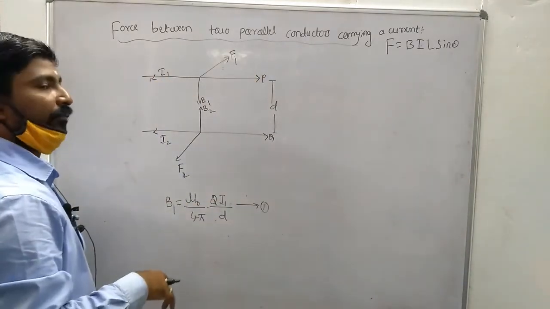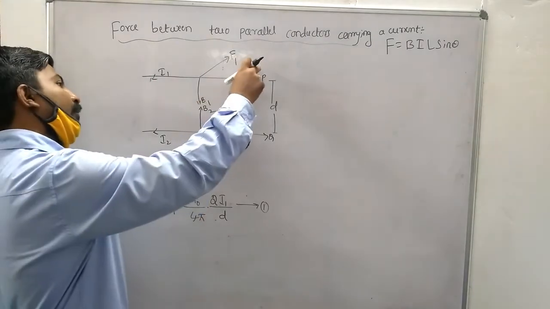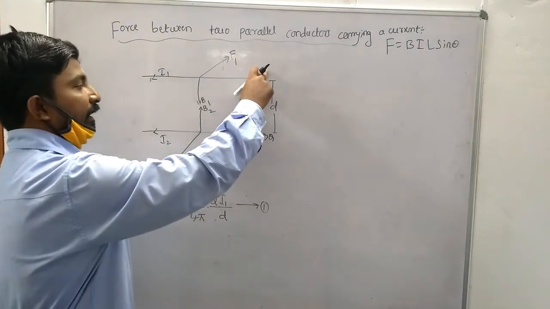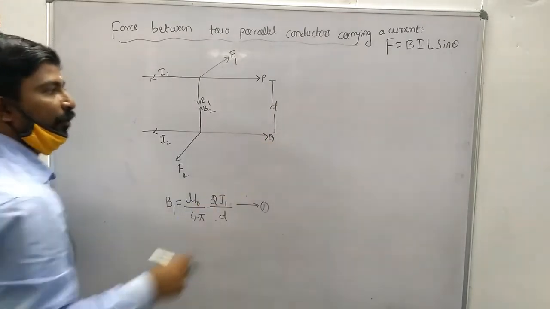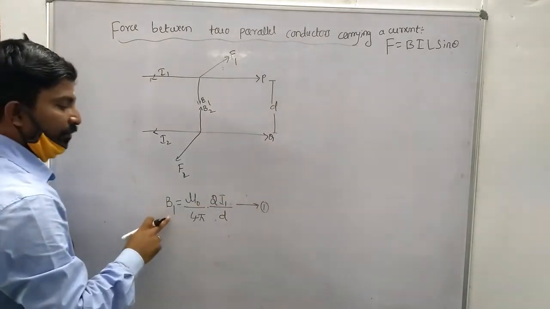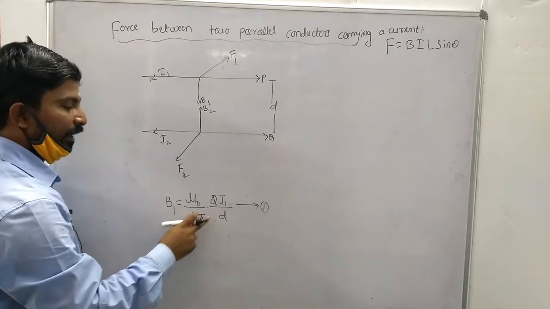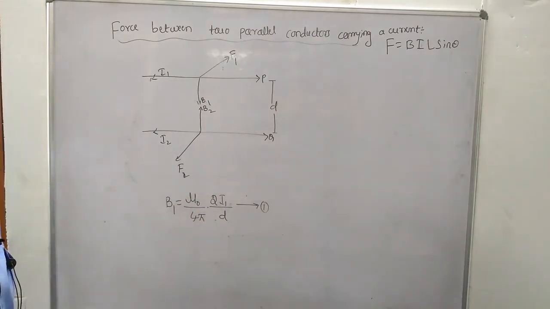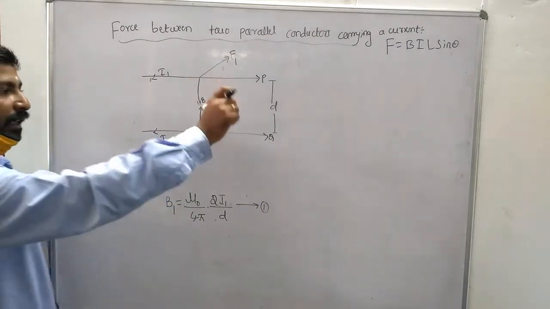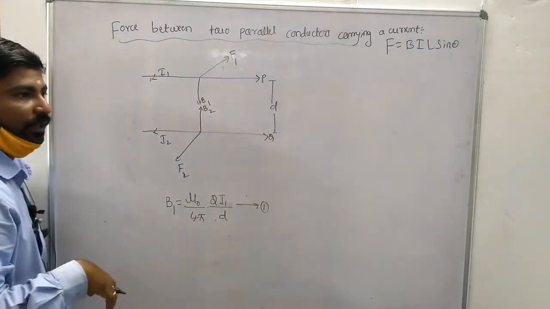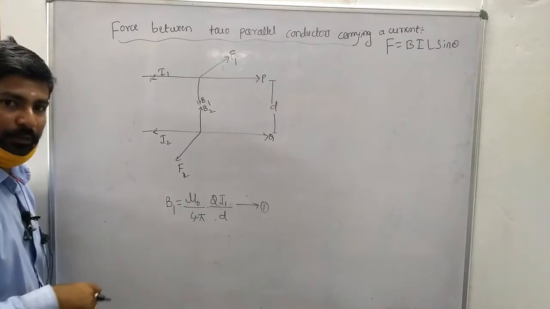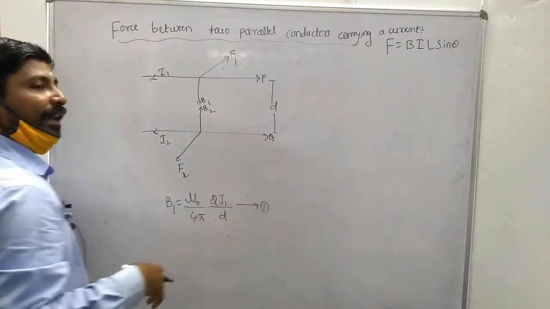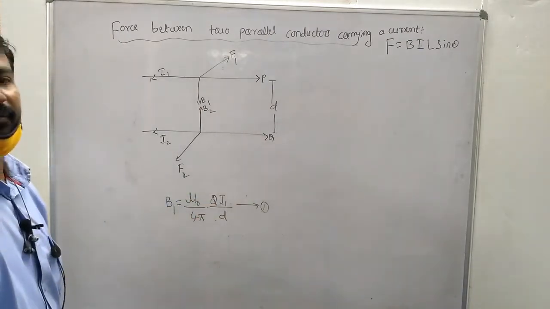Now the magnetic field B1 due to the conductor P at the site of the second conductor Q is given by B1 is equal to μ0/4π into 2I1/d. So this is equation number 1. So the conductor Q carrying a current I2 will experience a magnetic force, isn't it?